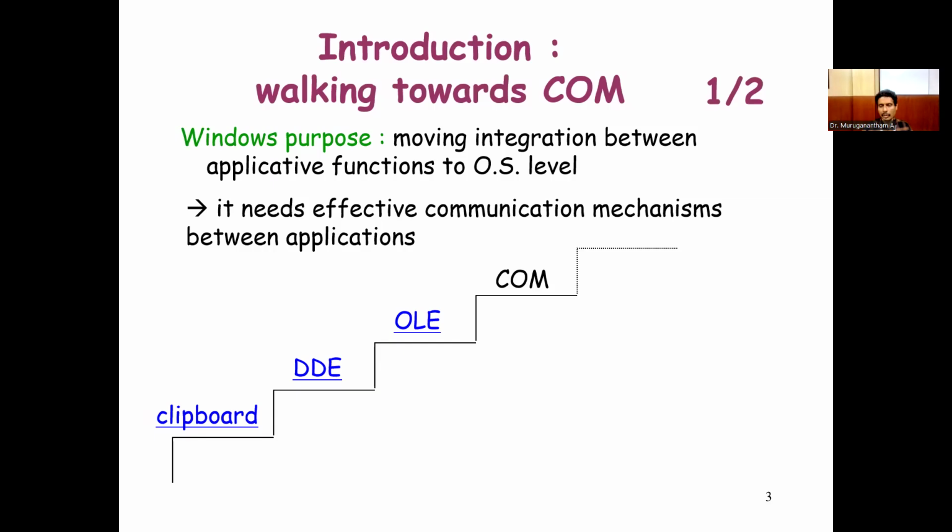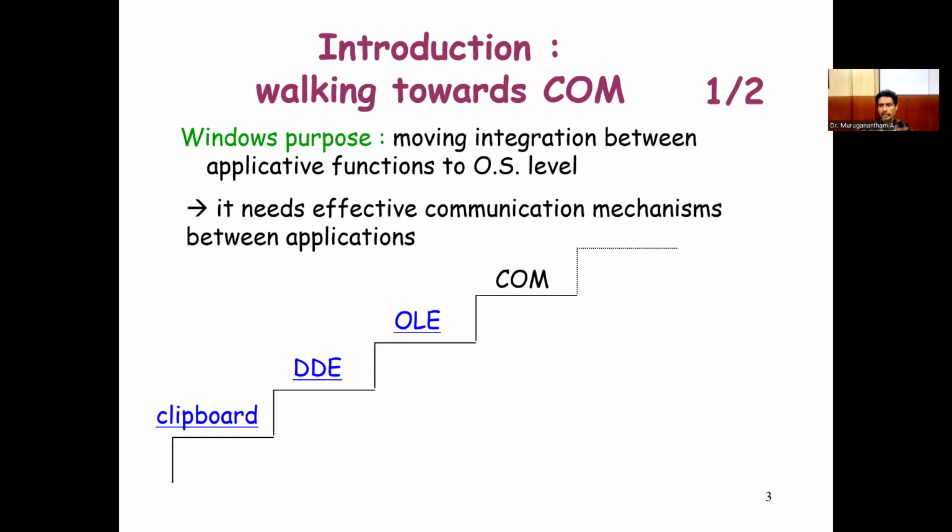A lot of things you can do. That is the basic mechanism adopted using DDE, Dynamic Data Exchange. Then the next level they moved to OLE, which is Object Linking and Embedding. If you want to insert an image or a video file, or some other file into your applications, OLE is used.